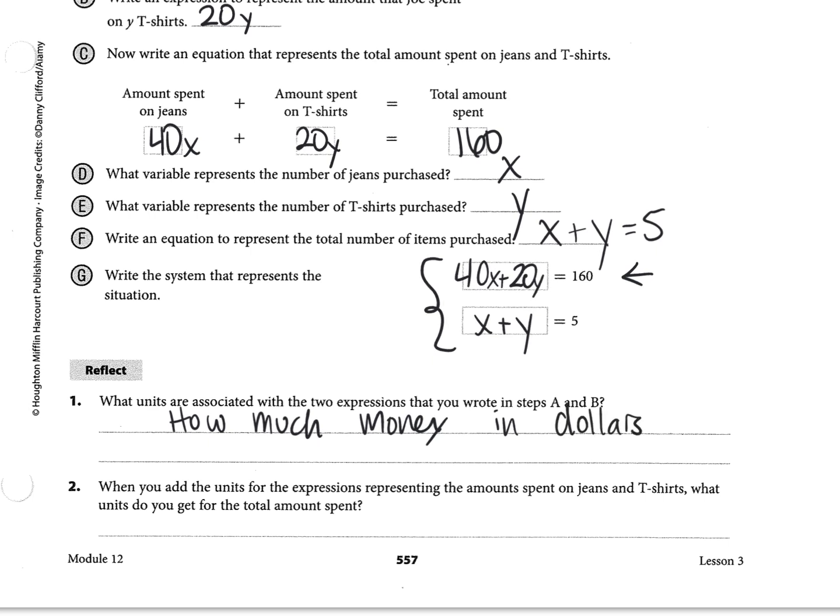When you add the units for the expressions representing the amounts spent on jeans and t-shirts, what units do you get for the total amount spent? That is still measured in dollars. If you combine two units that are measured in dollars, you end up with a total amount in dollars.